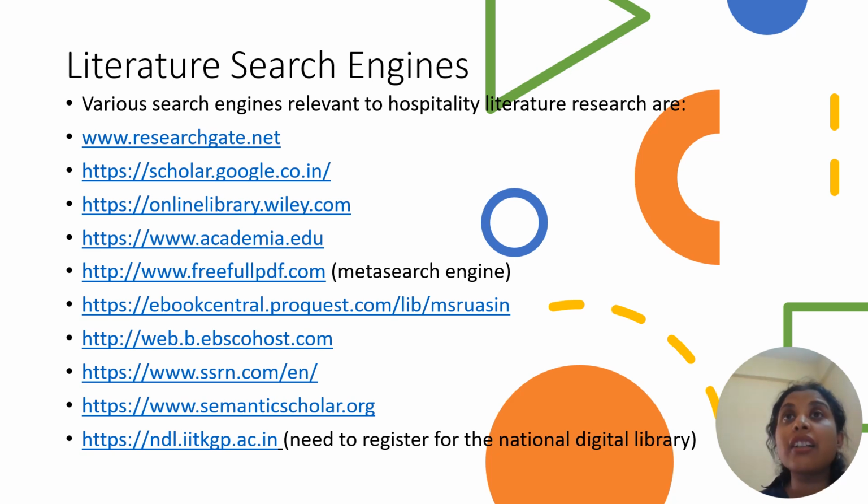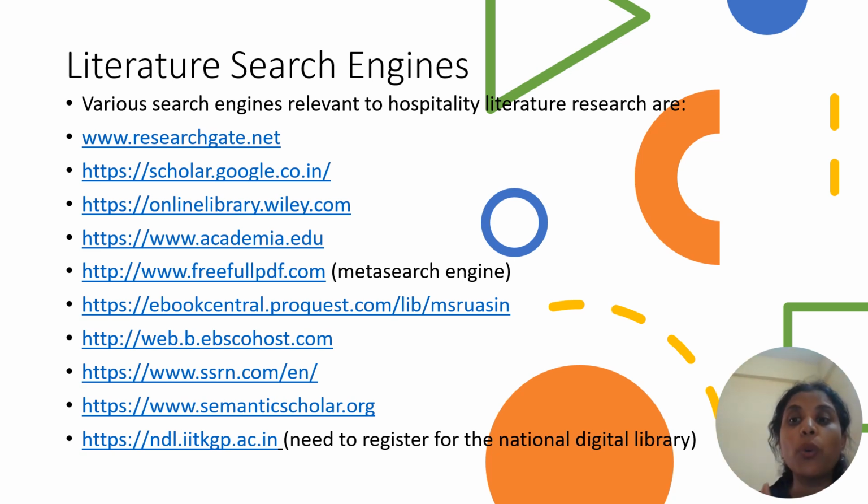There are various search engines available for you to do a literature review. I have mentioned some search engines here. The prominent and easiest one is ResearchGate. Log in, become a member, and later, with your keywords and the topic title you have identified, type it in and search for the journal articles or book chapters that the author has given open access to you.